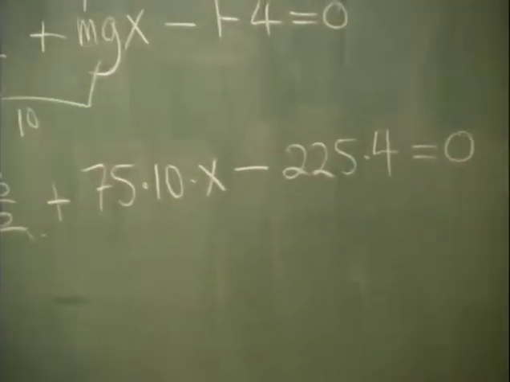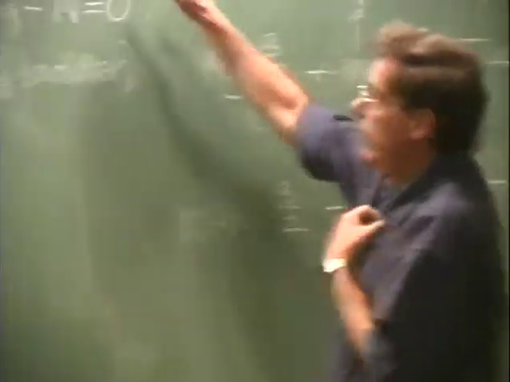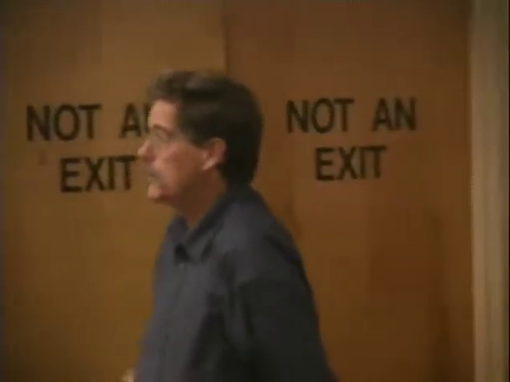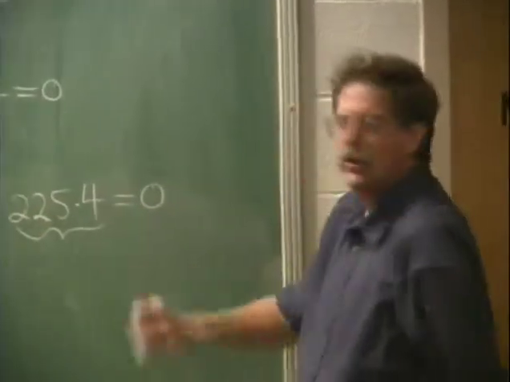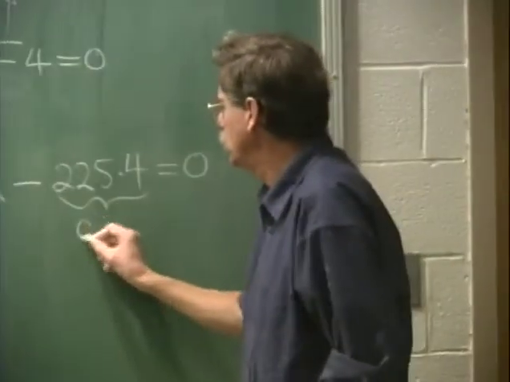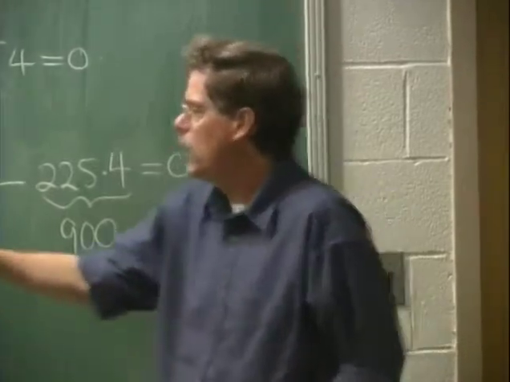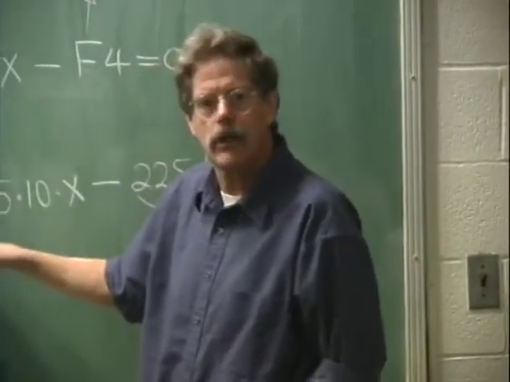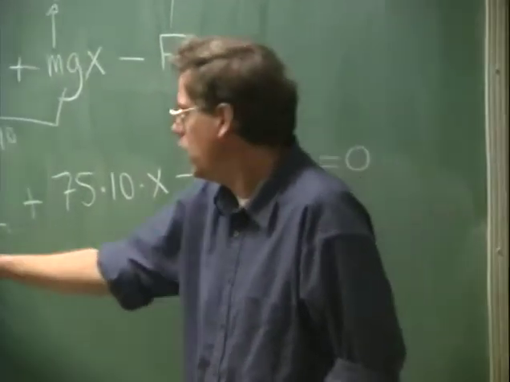By the way, this is another of those problems where I'm not going to need the horizontal and vertical forces being equal to 0. The torque equation is going to do it all by itself. 4 times 225, 900. 4 2s are 8, and then 4 25s are 100. So this is 900. This is 100 times 3/2, which would be 150.